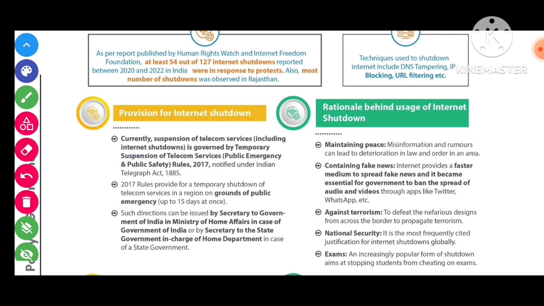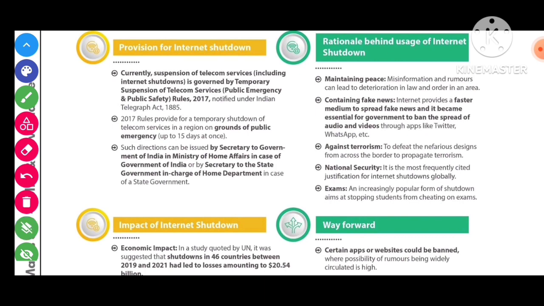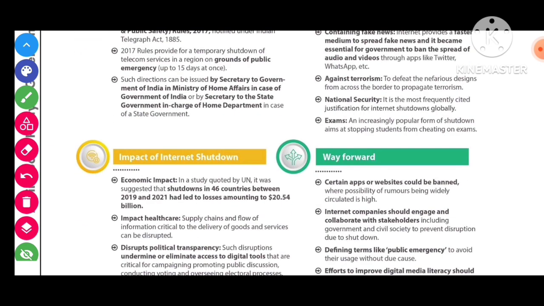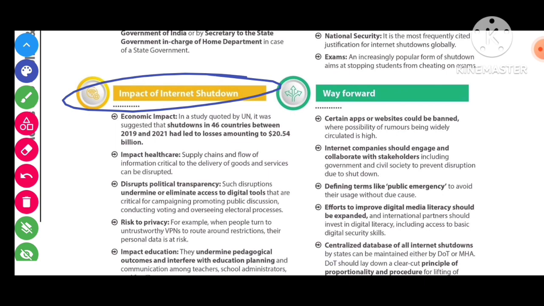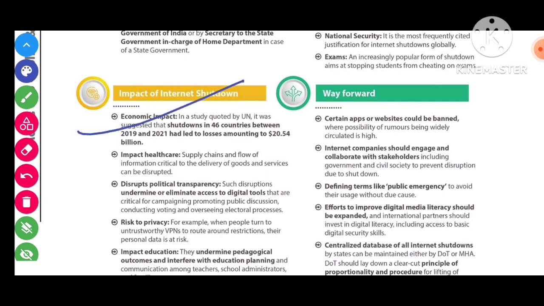And the rationale behind the usage of internet shutdown: rationales such as maintaining peace, containing fake news, countering terrorism, national security, and exams. And the impact of this internet shutdown: economic impact, and impact on healthcare, privacy and education.